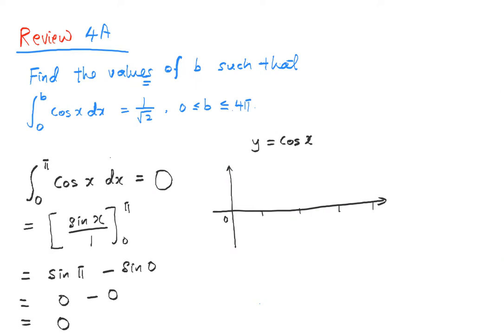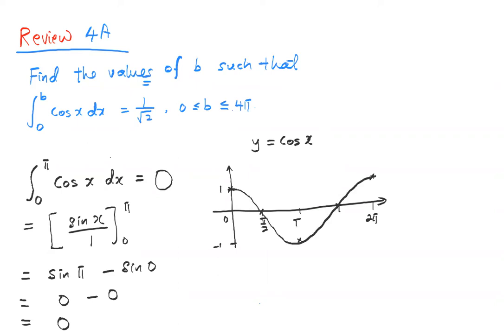Trick for cos, you always start with the maximum, then go to equilibrium, then go down to the minimum, then go to equilibrium, then go up to the maximum. So this will give me a full cycle. One cycle, it goes like that.